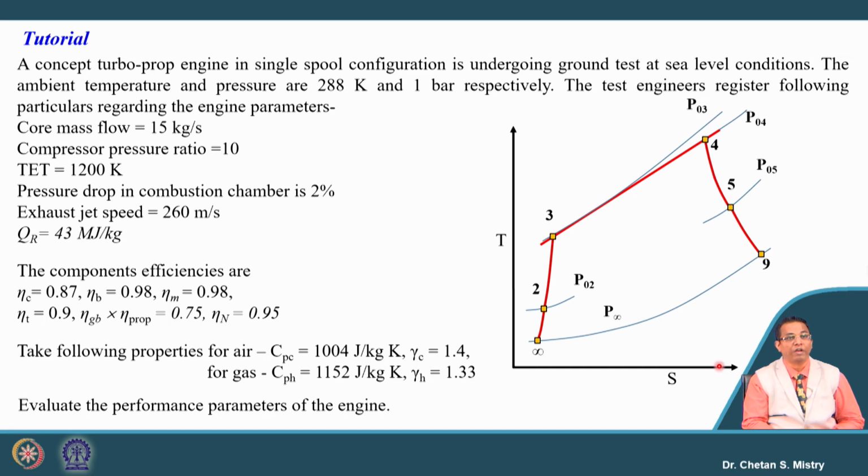We also have information about the different efficiencies and the properties. On the right-hand side, we have our TS diagram representing the whole process. Let's try to understand how we proceed with the solution.